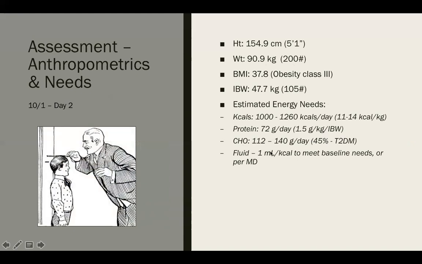That's an estimation, but it is something that we do if a patient's diabetic. And fluid, we always recommend 1 milliliter per calorie to meet baseline needs, or per the MD. Of course, this changes if diseases are different, but in this specific patient, this is what we would do.